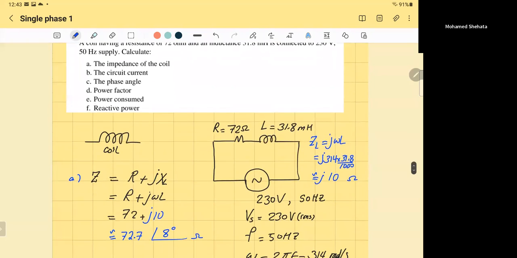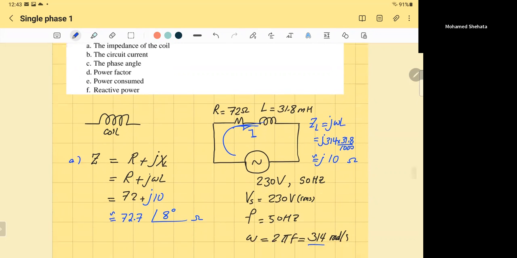The second part, the circuit current. You want to calculate the current. So the current I, everything will be root mean squared. I found the current I, very simple. R and L, they are in series. So I got the Z, the total.